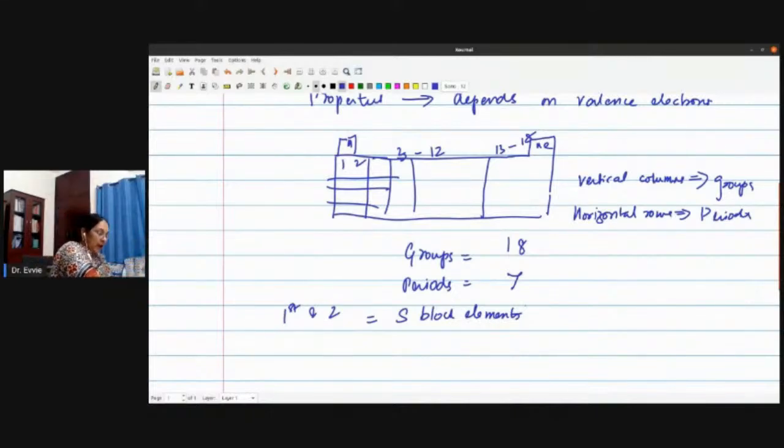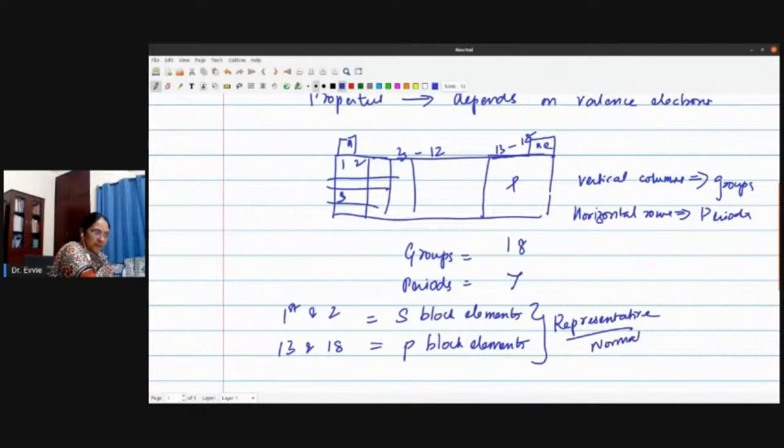Similarly, groups 13 to 18 are called P block elements. Together, both S and P block elements are also called representative or normal elements. This is your S here and this is your P here.